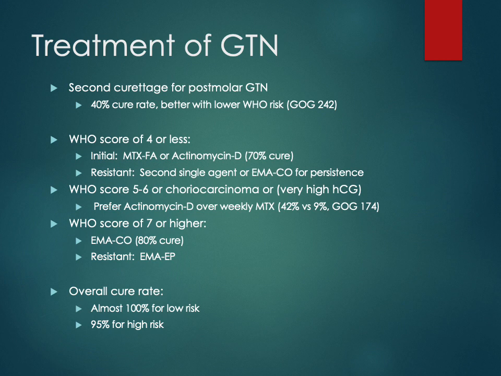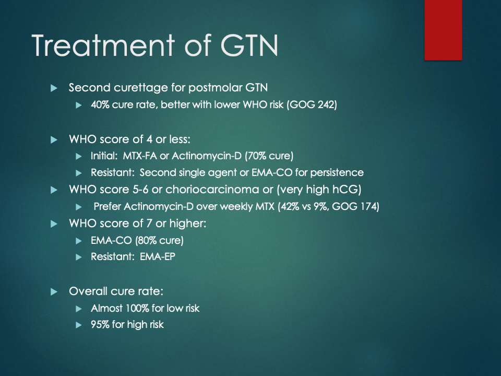For higher intermediate risks or choriocarcinomas, the recommendations are for either actinomycin D or you can go to multi-agent chemo. And then for those high-risk patients, so a WHO score of 7 or greater, we typically use a pretty complicated regimen called EMA-CO, which has 5 different chemotherapy agents.